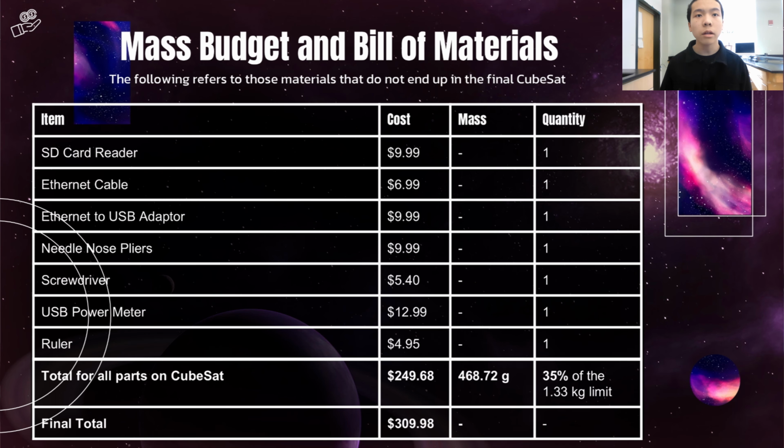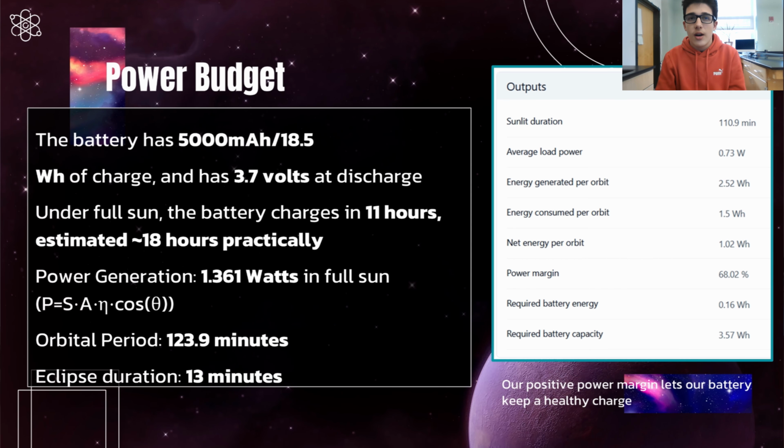Here is the rest of the mass budget and bill of materials. The total cost of the CubeSat itself was $249.68 at a weight of 468.72 grams. The final total of every material we used is $309.98.